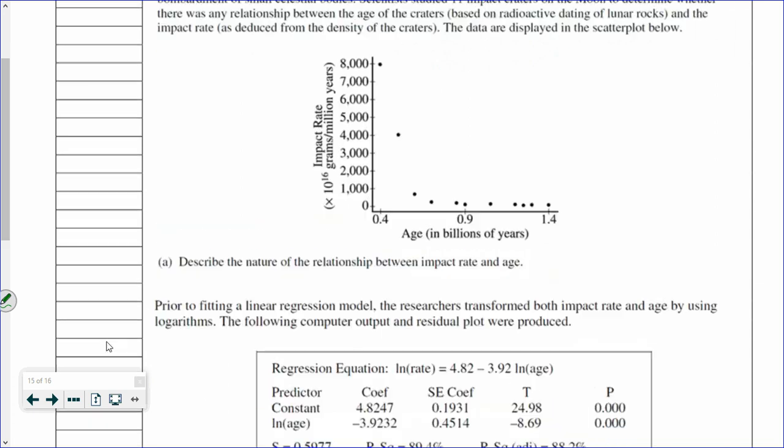Well, look at that. What happens? Nature of the relationship. You should be thinking VODs. There is a strong, negative, non-linear relationship. You need to put this in sentence form to fit it on this page. I'm going to put single words.